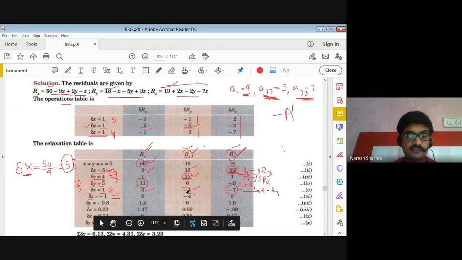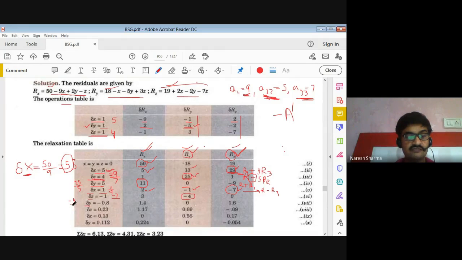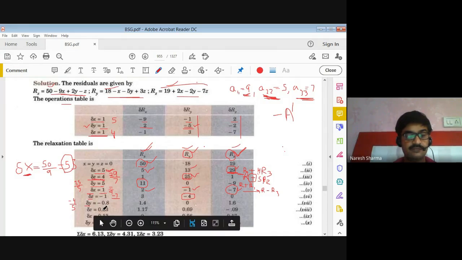So the largest value in magnitude is this one. As this belongs to y, we write here del y, and this is minus 4. So we write here minus 4 and divide this by A22, and A22 is your 5. So the value is now less than 1, so you keep all decimal points here. That is 0.8 with minus sign.